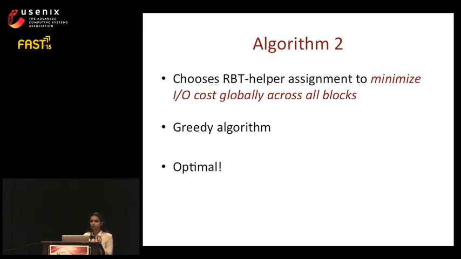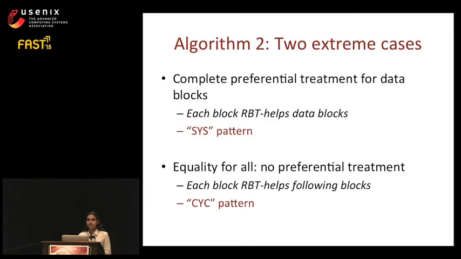I'll not have time to go into the details. It is available in the paper, but I'll just mention that this algorithm is a greedy algorithm, and in fact, it is optimal for this assignment problem. I'll mention two extreme cases of this algorithm. The first one gives complete preferential treatment to the data blocks.